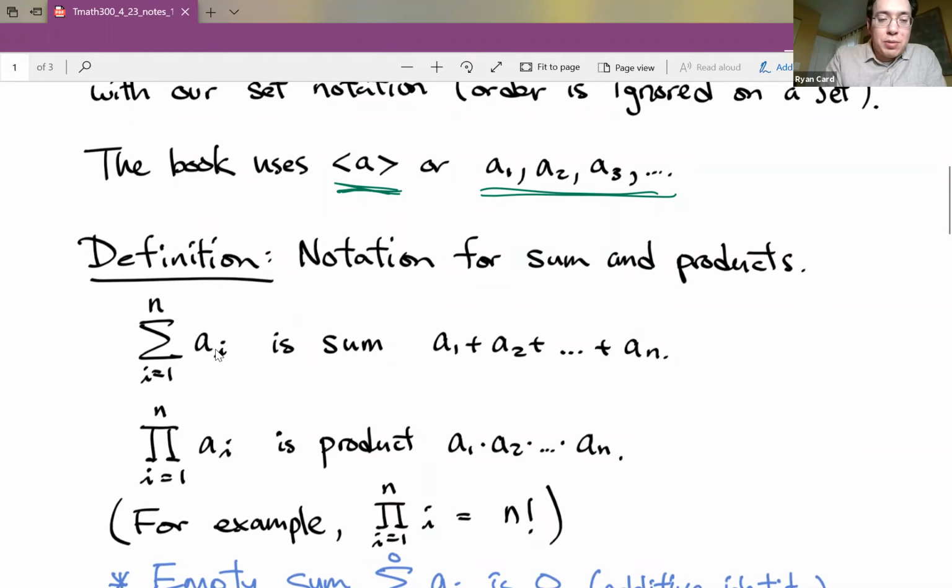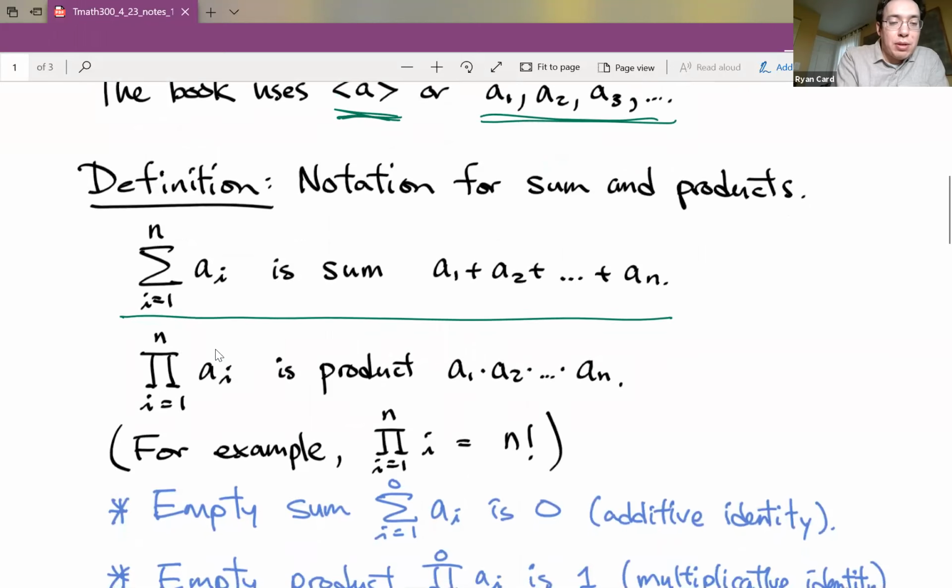So we've already introduced summation notation. That's using the Greek capital letter sigma to indicate a repeated addition. There's a similar notation for products where you multiply lots of different elements in a sequence. And that's using the Greek capital letter pi.